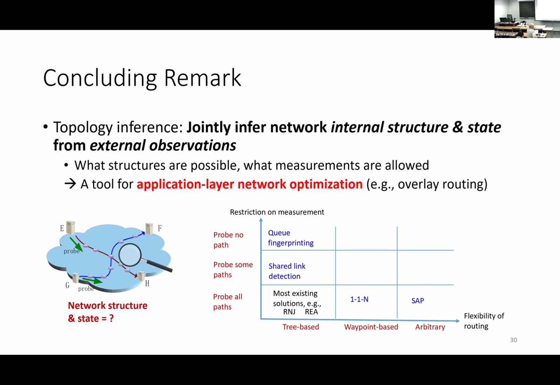Okay. Are you talking about how I get the measurements? Can I use my routing to get the measurements for the tomography problem? That's a good point. However, a tricky part is that we want to mimic multicast. For mimicking multicast, I think it's realistic to assume that you have to send probe packets, not data packets.